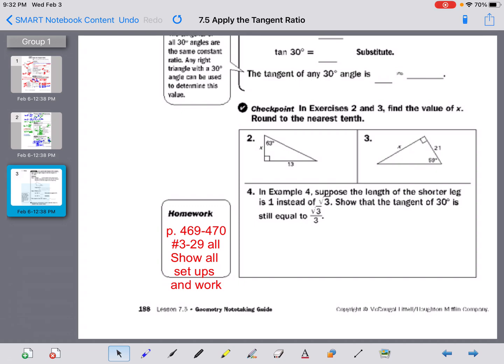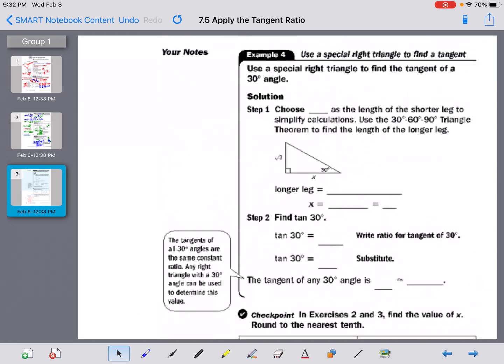Okay, last page of notes. And we're going to do something a little bit different than what we've seen before. It says use a special right triangle to find the tangent of a 30-degree angle. And I believe I added in your notes in simplest radical form.